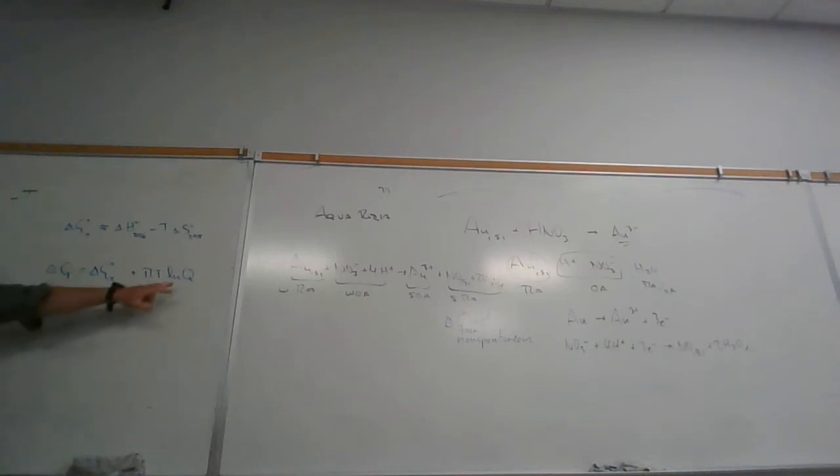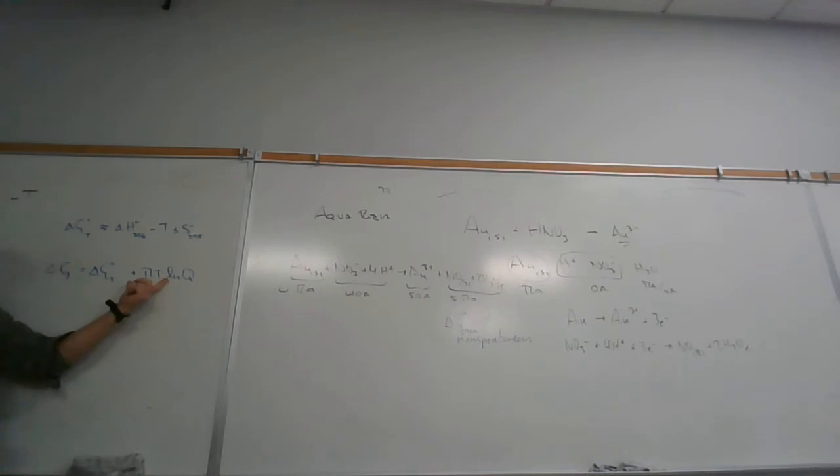If we make Q big, then ln Q is going to be bigger, and then RT, and that's going to make this more positive. Do we want to make delta G more positive or delta G more negative? More negative. So we want to make this small, extremely small. Extremely small means very little product, mainly reactant.